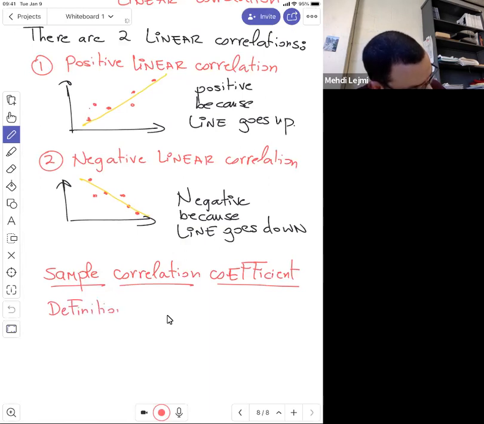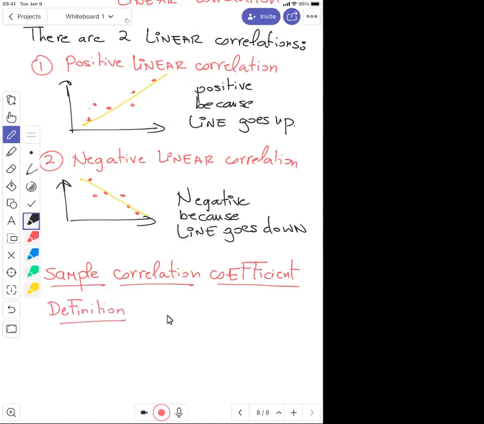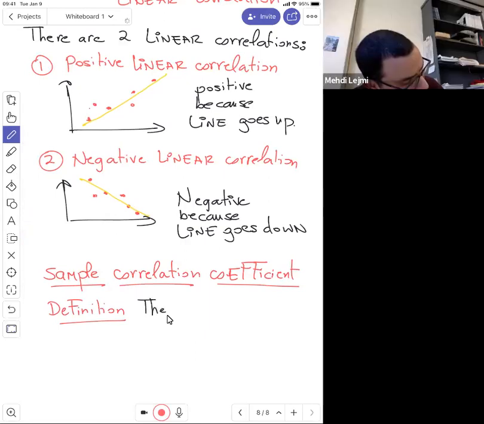The idea here is that the sample correlation coefficient is a numerical measurement.